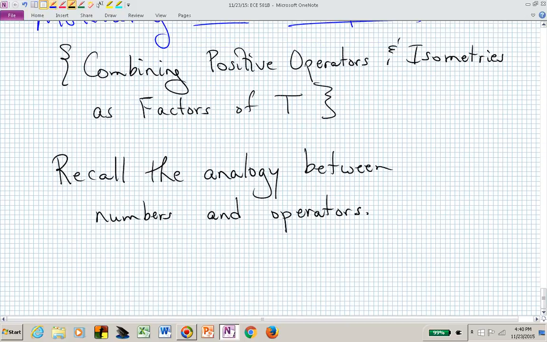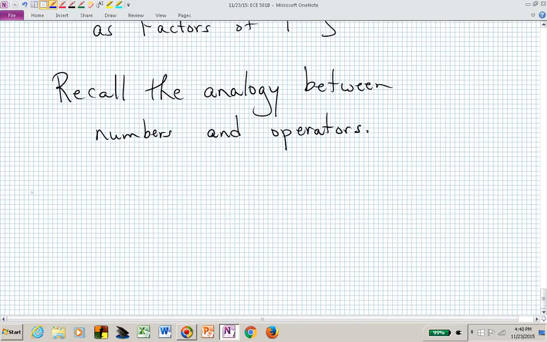For example, suppose that we had just a complex number. So Z is a complex number.